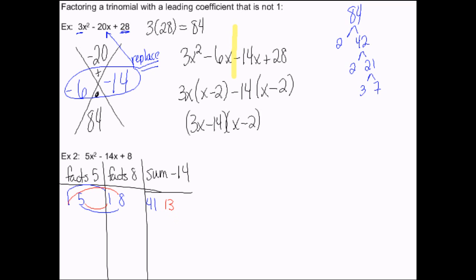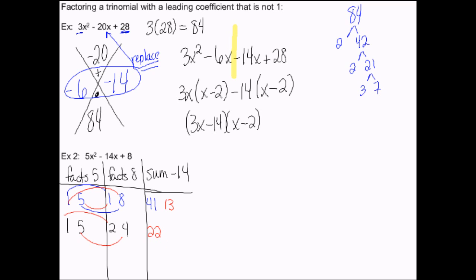Okay, so then I try different factors of 8. I could try 2 and 4. 1 times 2 is 2, 5 times 4 is 20, so that's 22.